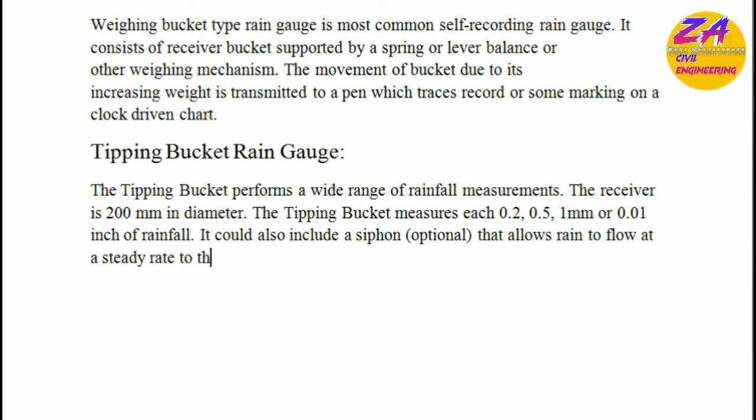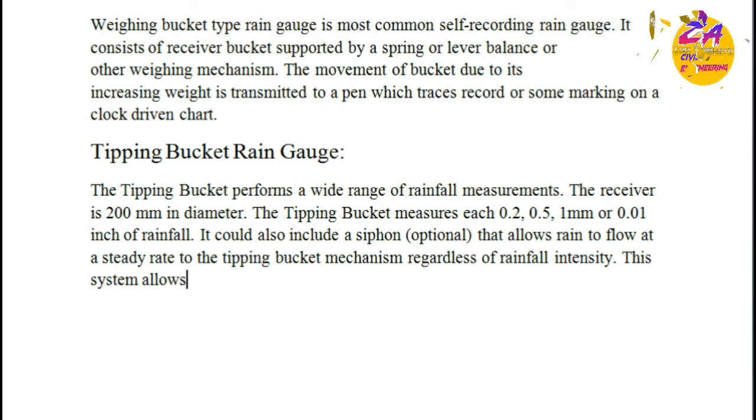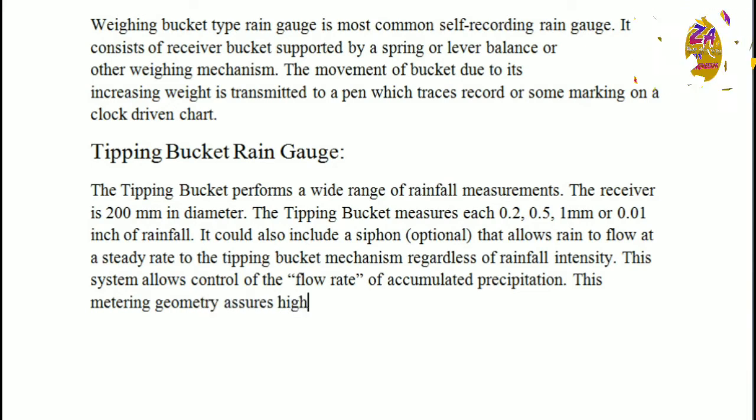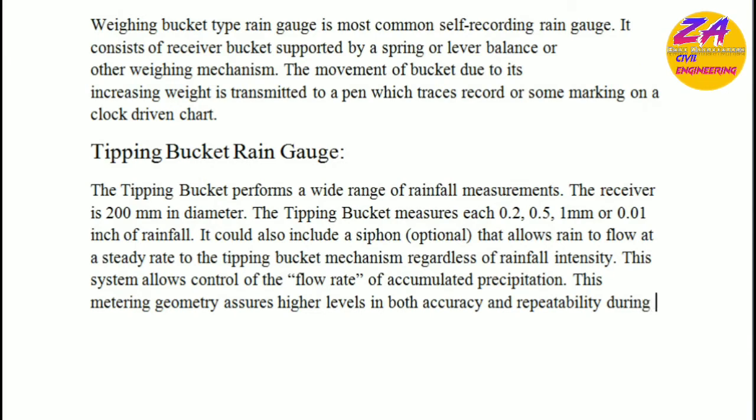The siphon allows rain to flow at a steady rate to the tipping bucket mechanism regardless of rainfall intensity. These systems allow control of the flow rate to accommodate precipitation. This matching geometry gives higher levels of both accuracy and repeatability during periods of extremely heavy rainfall.